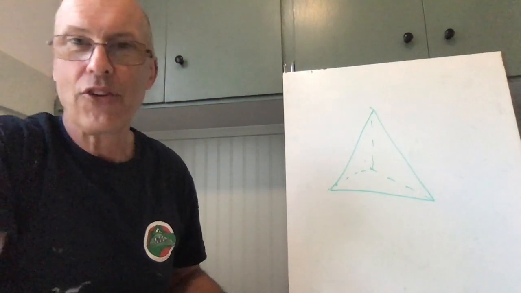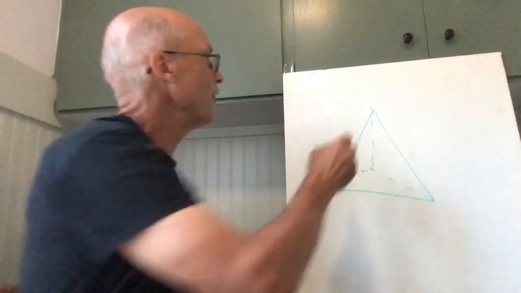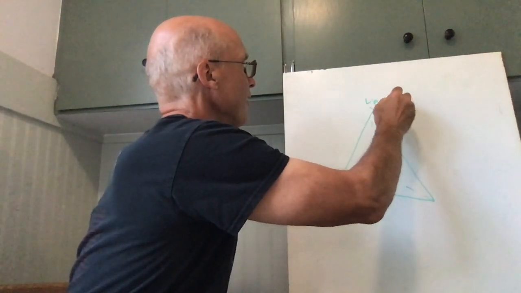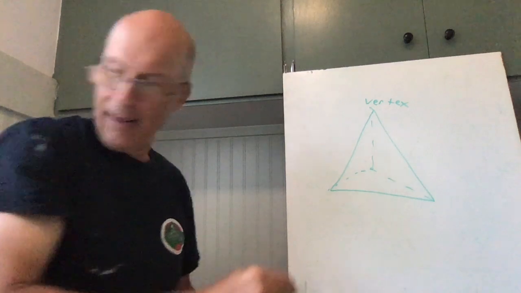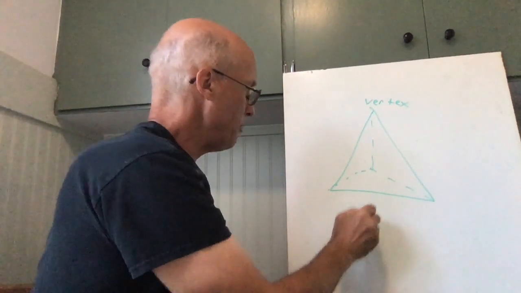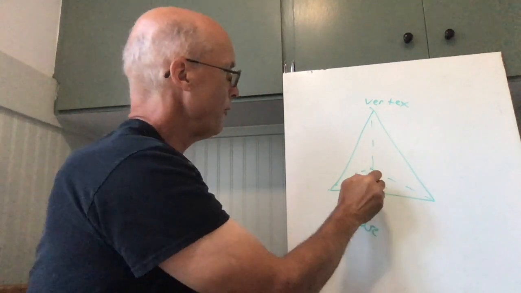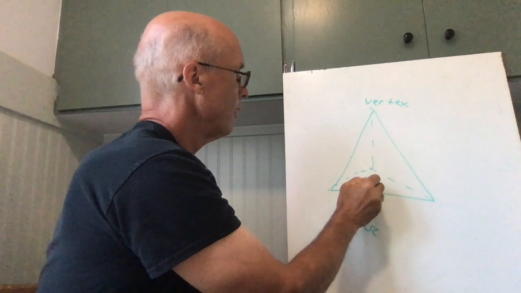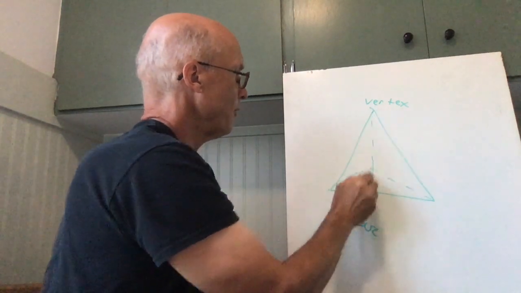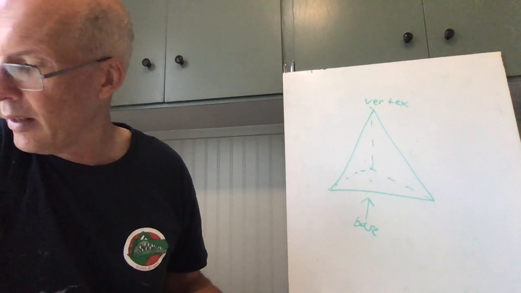All right. So there's a little bit of lingo that you need to know for pyramids, okay? This top's called the vertex. This is the base down here. If you go from the very middle straight up to the vertex, that's going to be the altitude, of course.